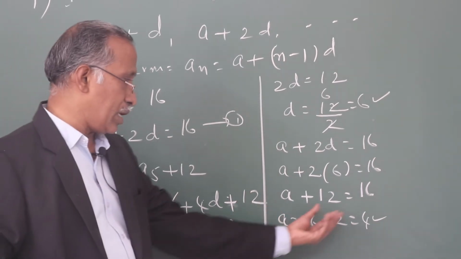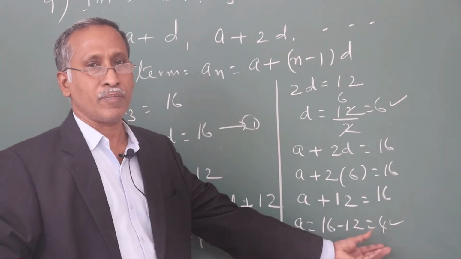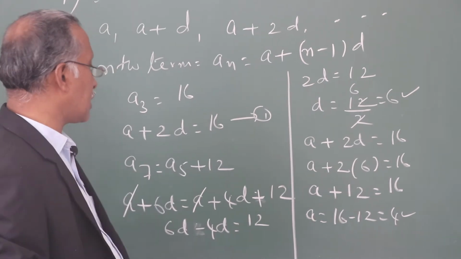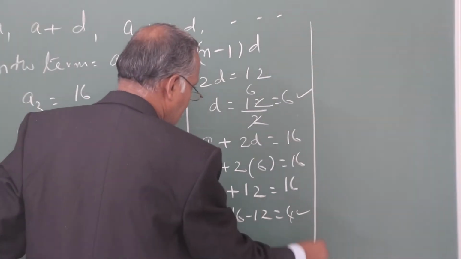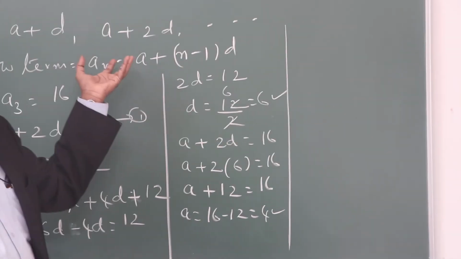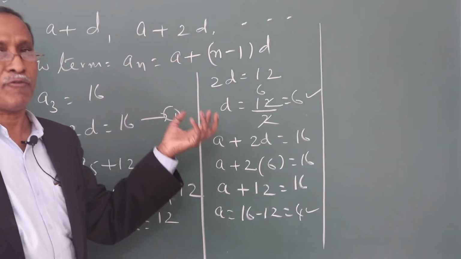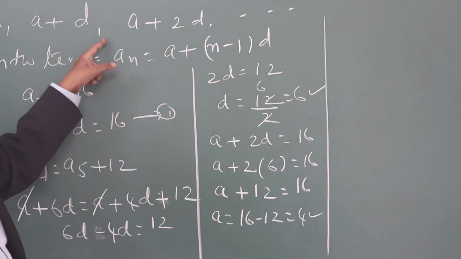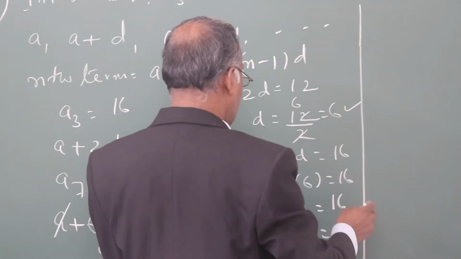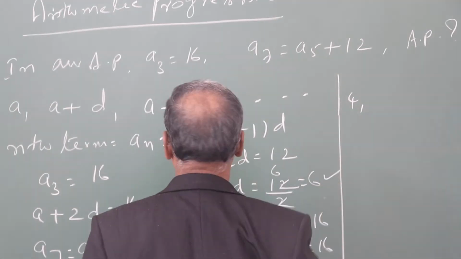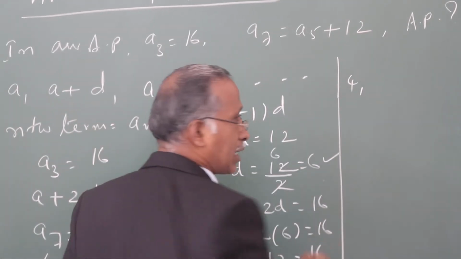Now, the first term A, we have got as 4, and the common difference is 6. Now we have to write the AP. As we have discussed, what is the typical form of an AP? A, A plus D, and so on. What is the first term here? A is 4. Then add the common difference to get the second term.